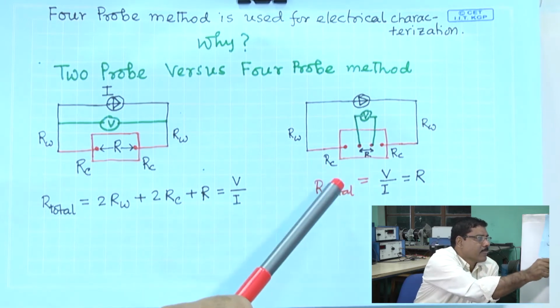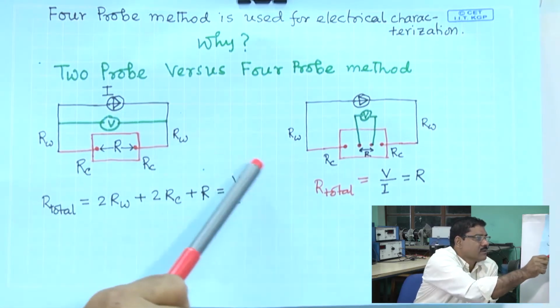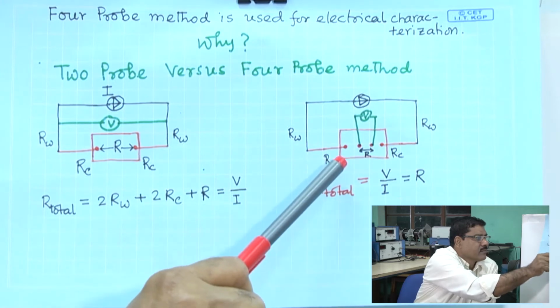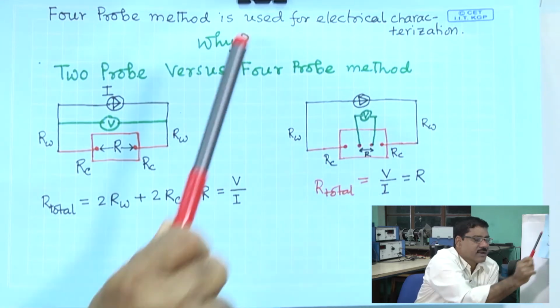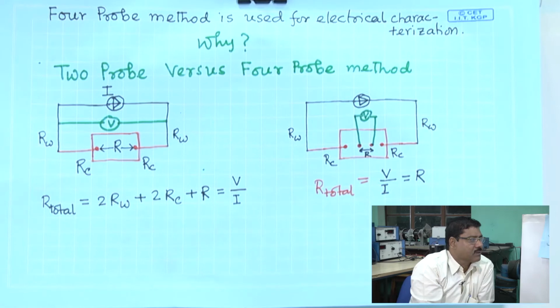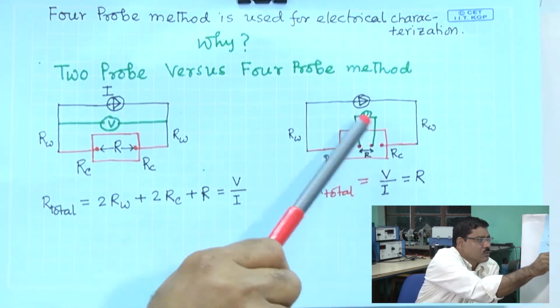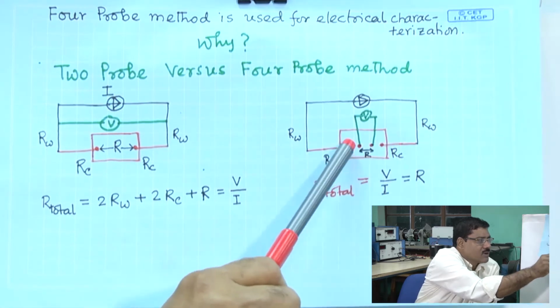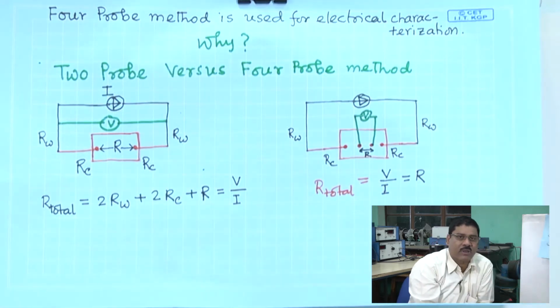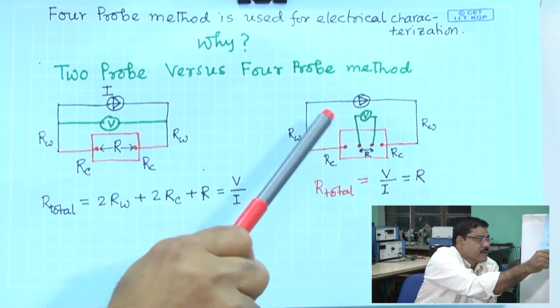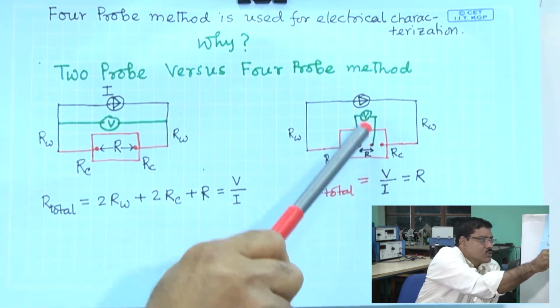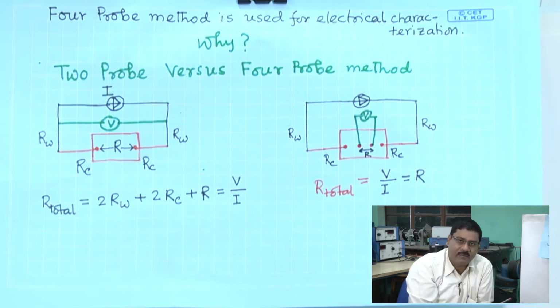So, here, same sample, only here 4 contacts we have taken from the sample. So, this outer two contacts are used for applying current, passing current through the sample, and the middle two contacts are used to connect the voltmeter.